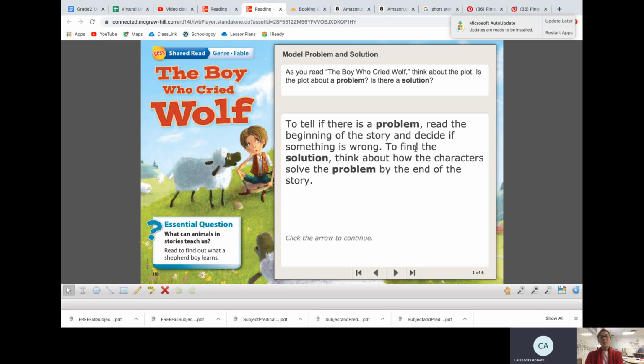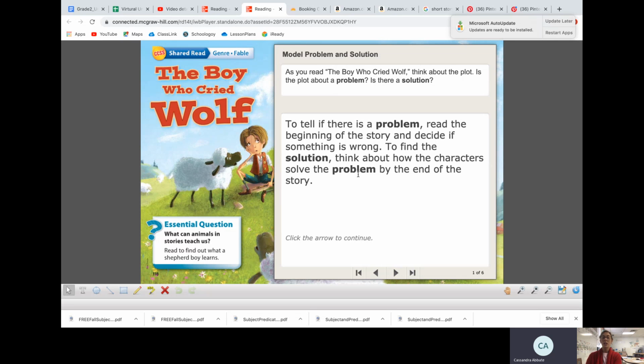As you read or reread The Boy Who Cried Wolf, think about the plot. Is the plot about a problem? Is there a solution? To tell if there's a problem, read the beginning of the story and decide if something is wrong. To find the solution, think about how the characters solve the problem by the end of the story.